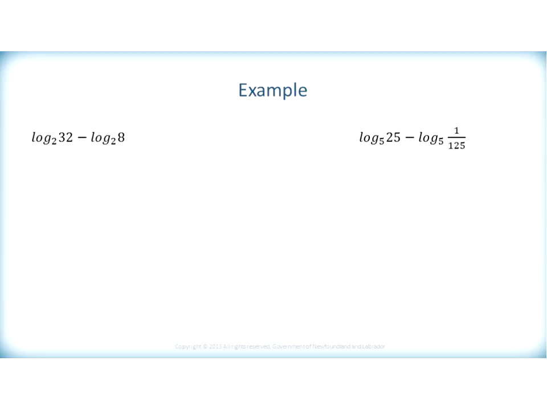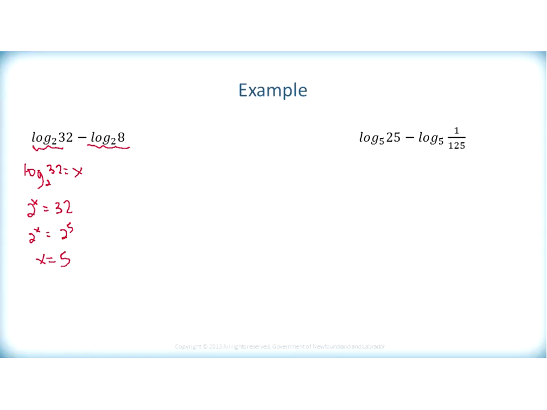Let's look at another example. If we're looking at an expression that involves two logarithms, and we're trying to evaluate it, we can take each expression and set it equal to x. So we have log 32 base 2 would equal x. This would give us 2 to the power of x would equal 32. 2 to the power of x would equal 2 to the 5, so x would equal 5.